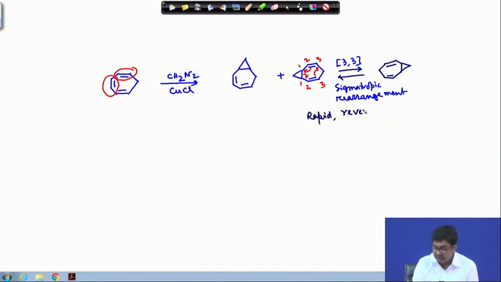So, this is a very rapid, reversible, degenerate 3,3 sigmatropic rearrangement, and this is a very well known name reaction, called the Cope rearrangement.